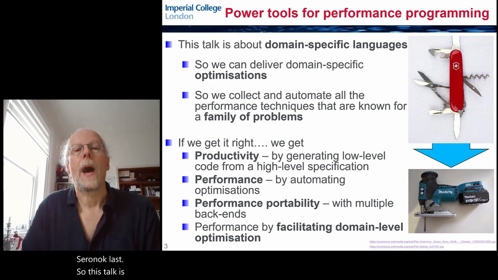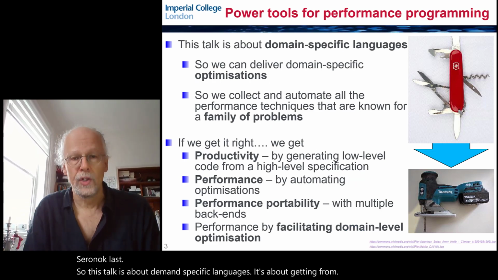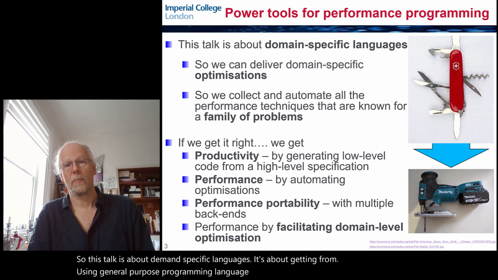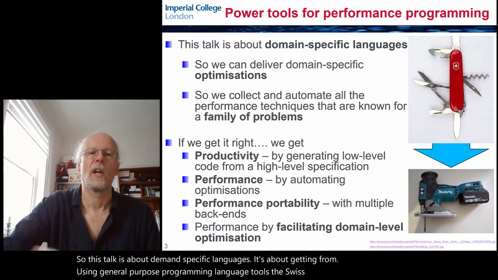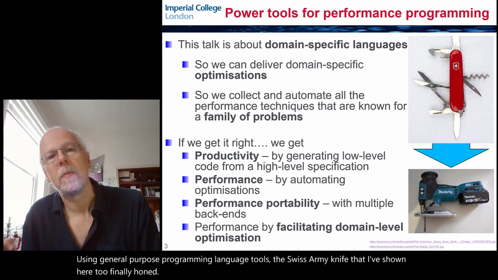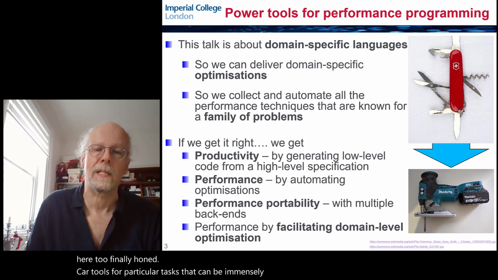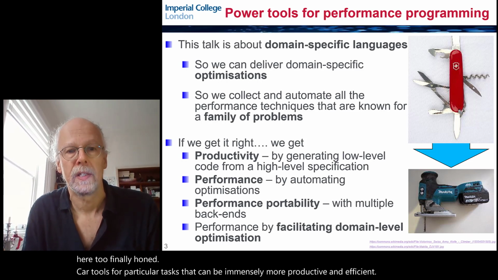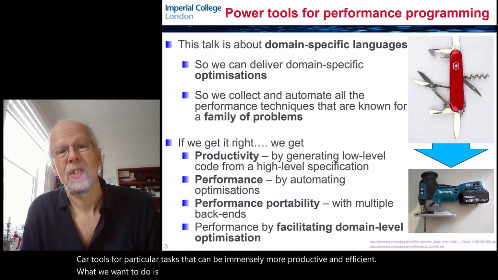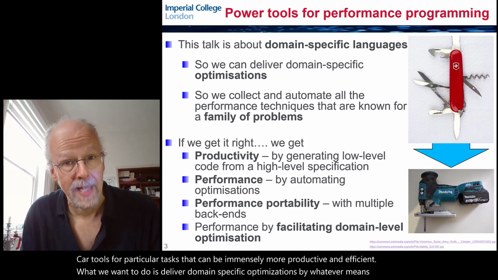So this talk is about domain-specific languages. It's about getting from using general purpose programming language tools, the Swiss Army knife that I've shown here, to finely honed tools for particular tasks that can be immensely more productive and efficient. What we want to do is deliver domain-specific optimizations by whatever means necessary.